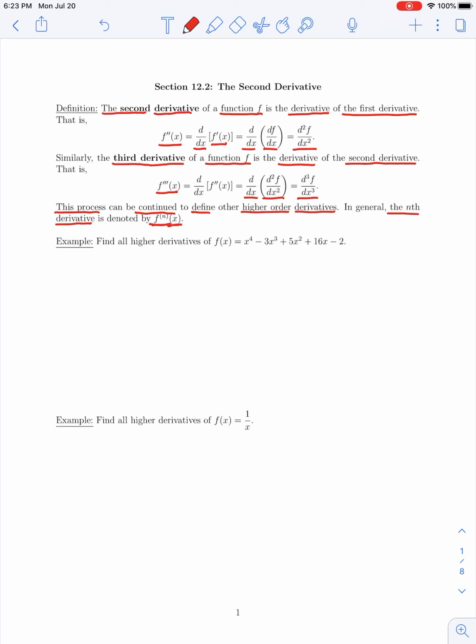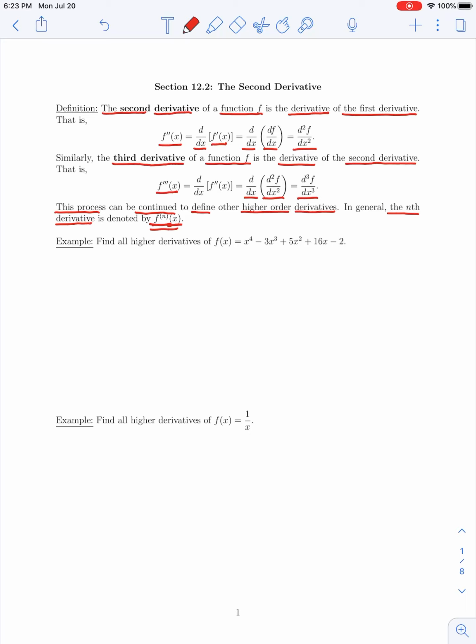Typically, once we get up to the fourth derivative, we wouldn't want to use the prime notation anymore, because we'd have to have 4 primes. If we talk about, say, the 100th derivative, we don't want f with 100 primes, so we use this notation where we write the order of the derivative in the superscript of our function.